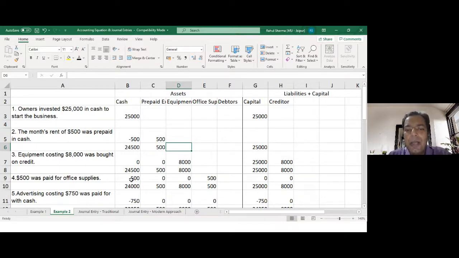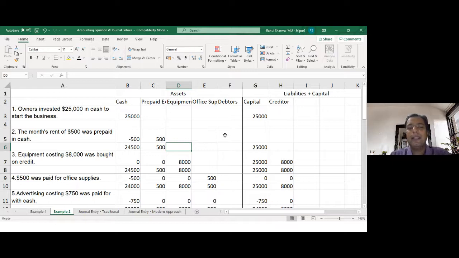So if you have a look at it, the basic idea of doing this exercise with you guys was to make you understand how everything impacts the rest of the two things, right? When we started with the first one, we had the cash. Business started with cash, so we had a capital which increased by a certain amount, and the cash increased by a certain amount.